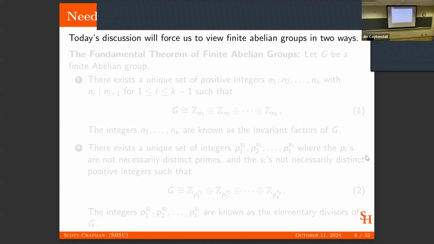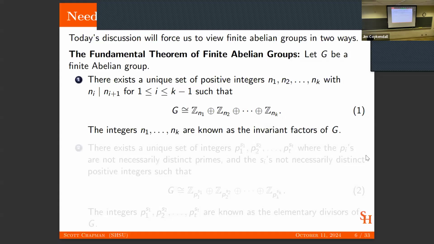So, to answer it, let me make sure we're all on the same page, which I think we are. But just to make sure, there are 2 ways to write down a finite abelian group. Be it its invariant factors.